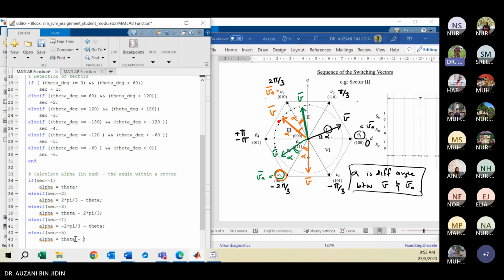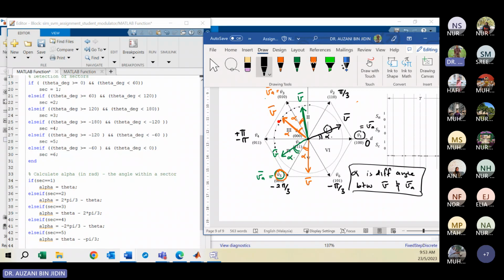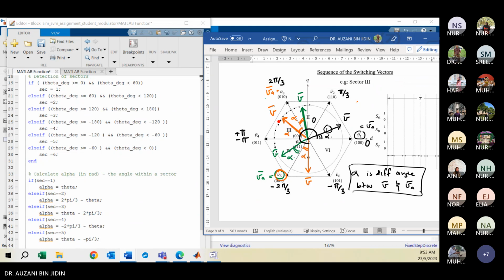minus, and then you have another minus. Minus 5/3. Is it right? Clear? You have theta, so your theta will be here. This is theta, defined from 0 to here. Then to calculate the alpha, the difference between theta and negative 2 pi/3.